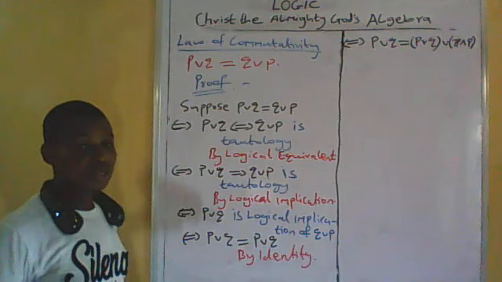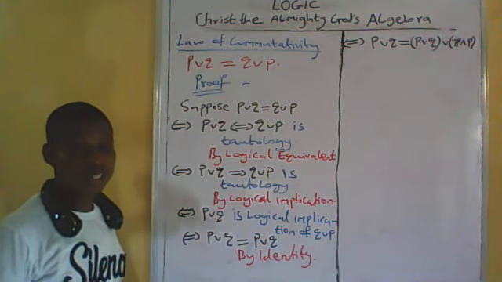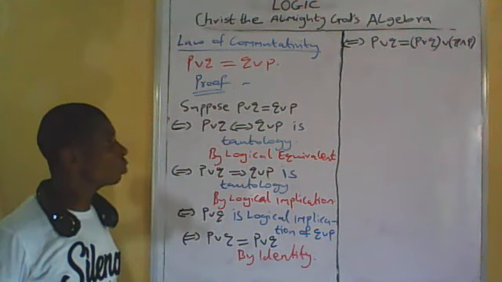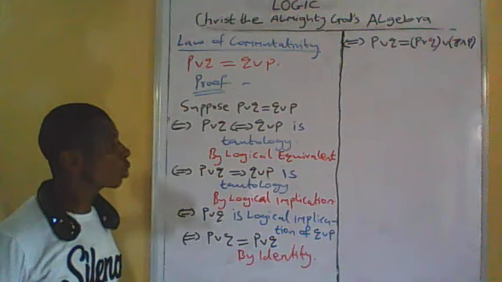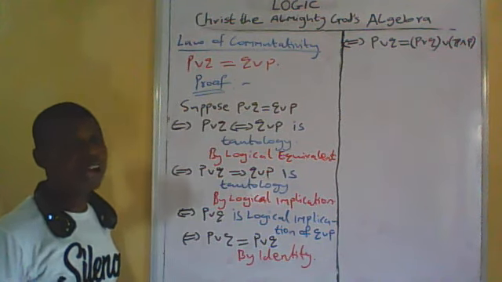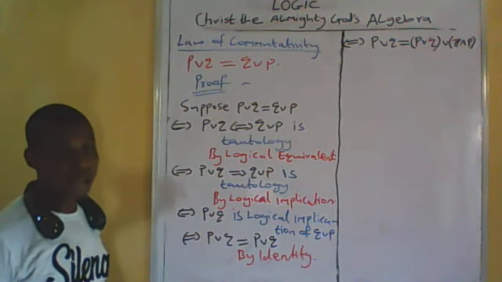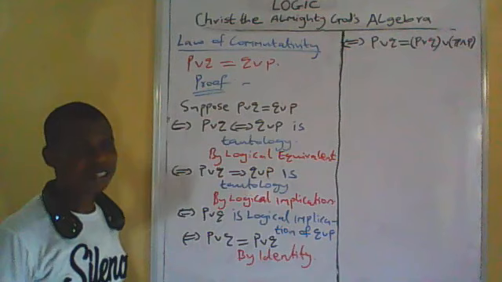When a contradiction is added with or to any statement, it is said as that statement. So P or Q is equal to P or Q or bracket not P and P. So it is ordained by law of identity, justified by law of identity.